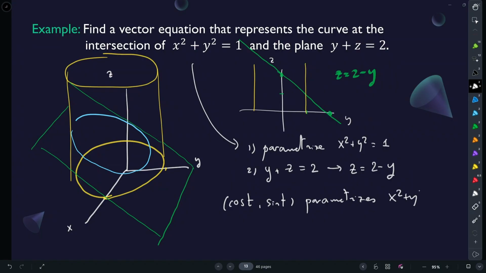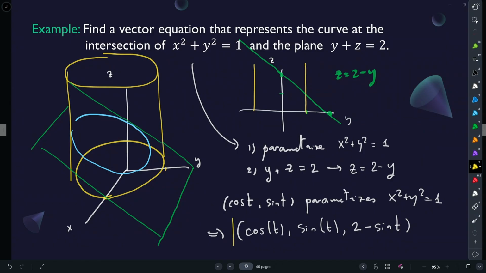x squared plus y squared equals 1. So if I put cosine t, sine t, and then the z value is 2 minus sine t, then this parameterizes what I want.